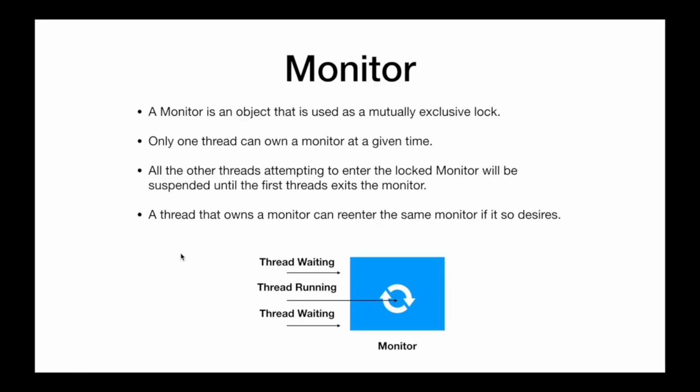A thread that owns a monitor can re-enter the same monitor if it desires. In the diagram, we can see we have a monitor and a thread is running and has entered the monitor. Other threads which are trying to enter the monitor will have to wait till the first thread exits the monitor.